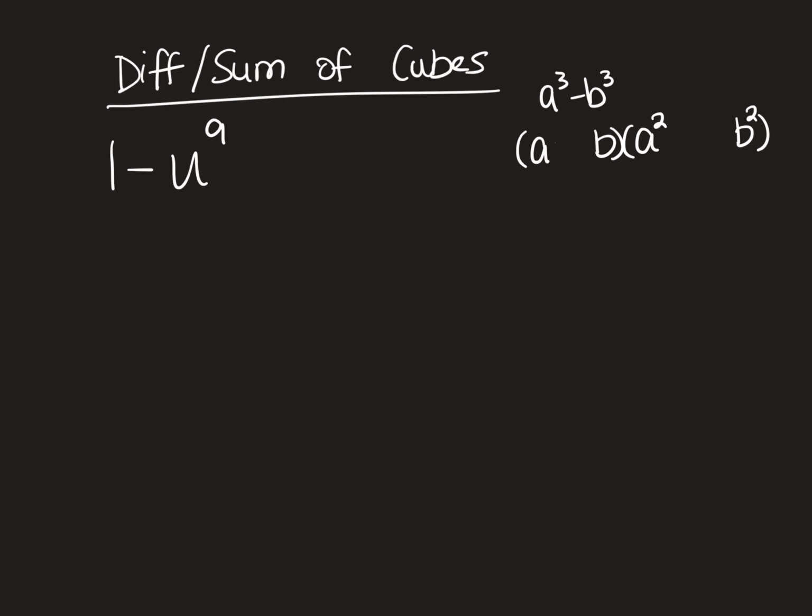And then in between these two terms is just the product of whatever we wrote here. So a times b. Now I want you to notice I haven't written any pluses or minuses in there yet. Okay, this is a pattern, and this works whether it's a cubed minus b cubed or a cubed plus b cubed. Once you have this written, then go in and fill in your signs.